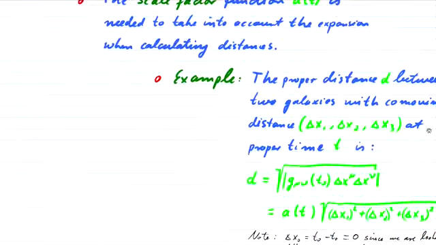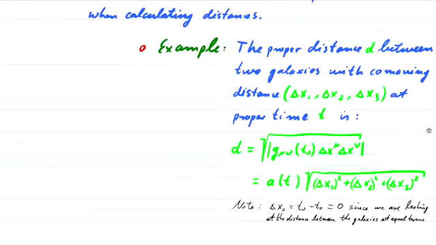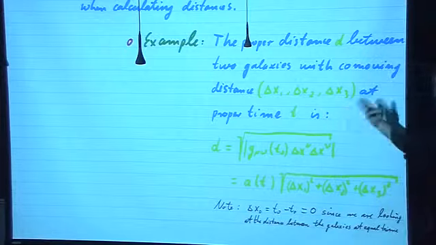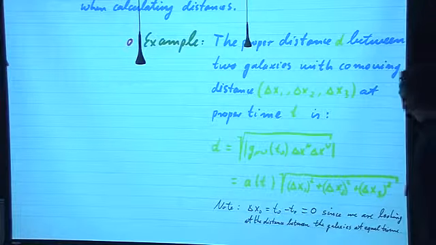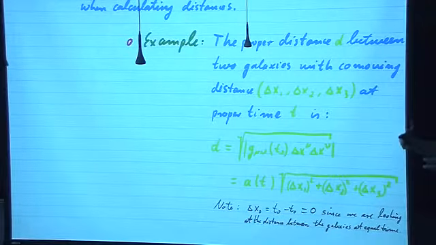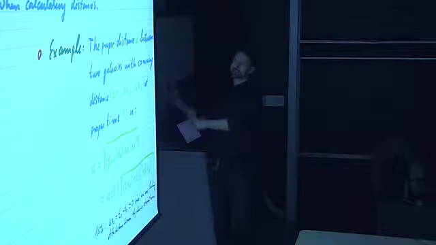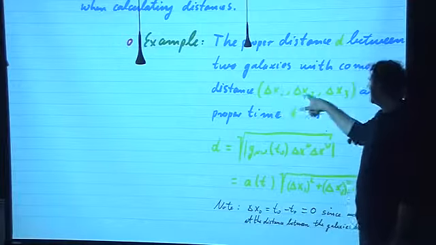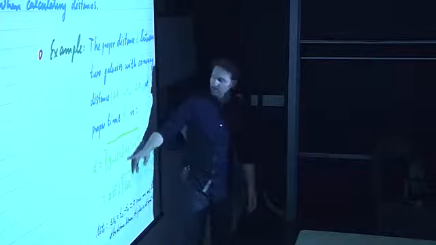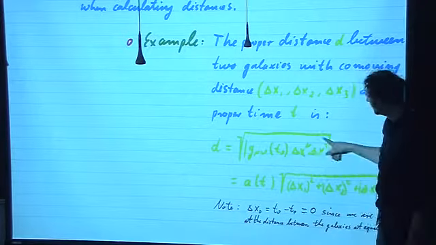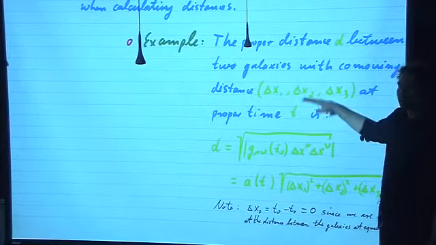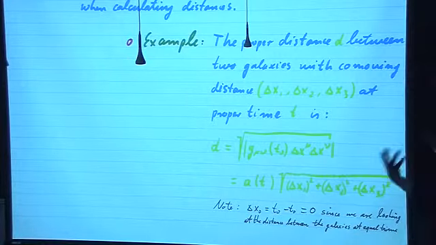if you take the proper distance between two galaxies, which have a co-moving distance, delta x1, delta x2, delta x3, so these are the coordinate distances in a co-moving coordinate system, and we do this at a proper time t, so at equal time, we look at where is this galaxy, where is that galaxy, and their coordinates differ by these amounts in the co-moving coordinate system, then the actual proper distance between them is given by the square root of the invariant distance, where only the space components contribute because we do it at equal time, so there's no delta t here, no delta x naught.